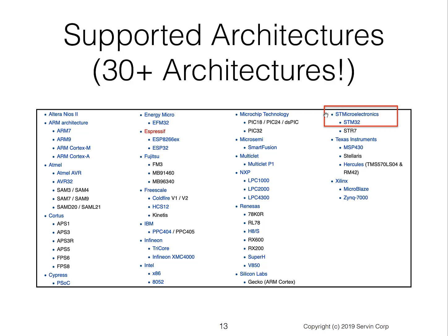And the one I have highlighted here, ST Microelectronics, is the one we'll be using, the STM32. So what's great for you, once you learn one of these, because the FreeRTOS API is so portable, you can basically run the same code that we'll be talking about on any of these. So the API will stay the same independent of which one of these processors you're working on.